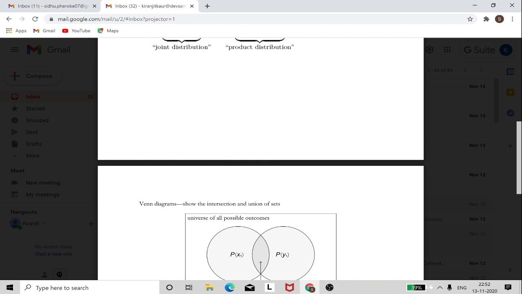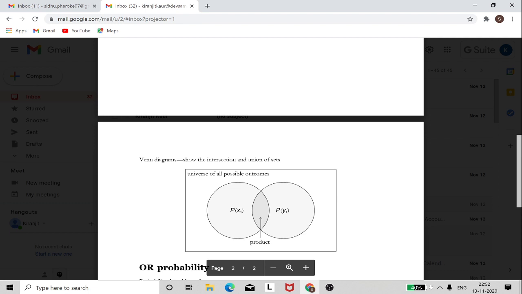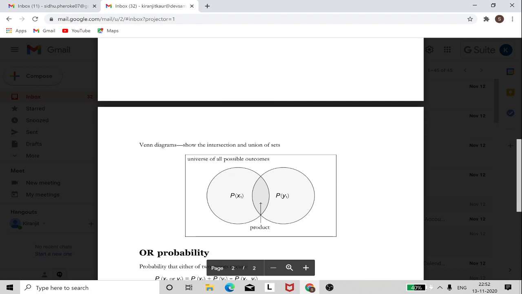When we add two circles, then we get the covered area twice. To avoid that, we subtract the central area from the sum of the two circles. So, we subtract the joint probability, which as we know is equal to the product of probabilities, that is equal to 1 over 12 in our case.